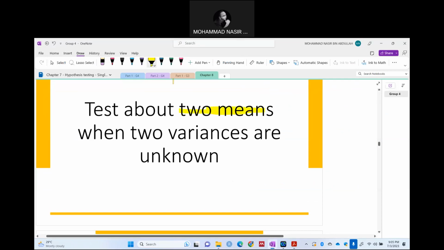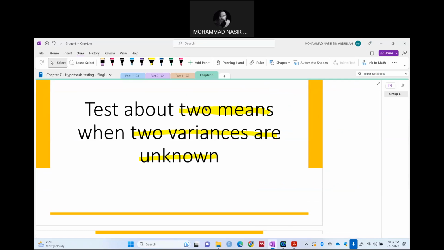Alright, let's continue on the next part, which is test about two means. So remember, we are still under testing about mean when two population variances are unknown. Just now we already discussed the diagram: when the population variance is known, we use Z distribution. When the population variance is unknown, we look at the sample size. If the sample size is more than or equal to 30, use Z distribution.